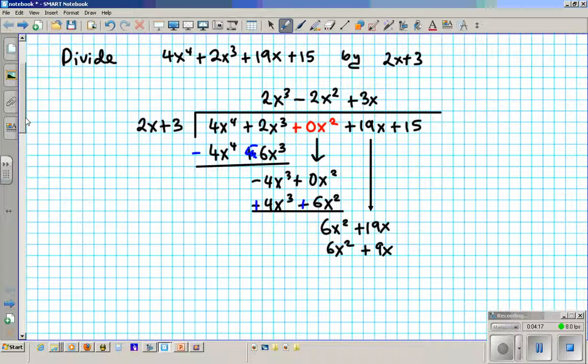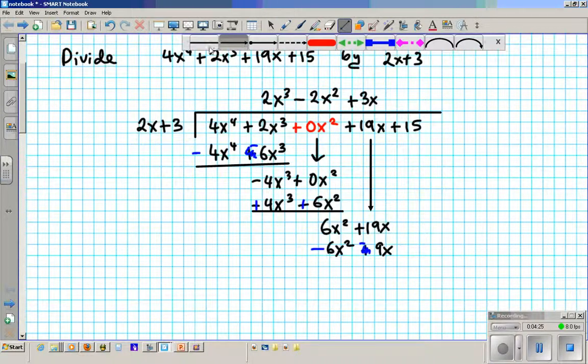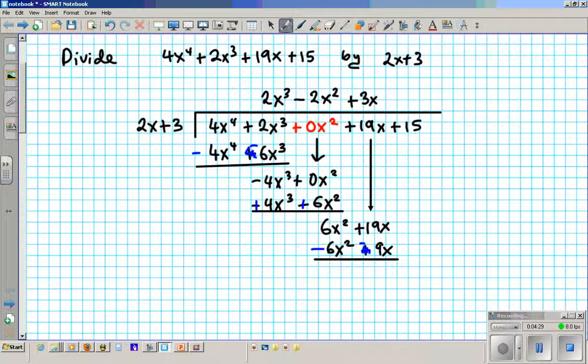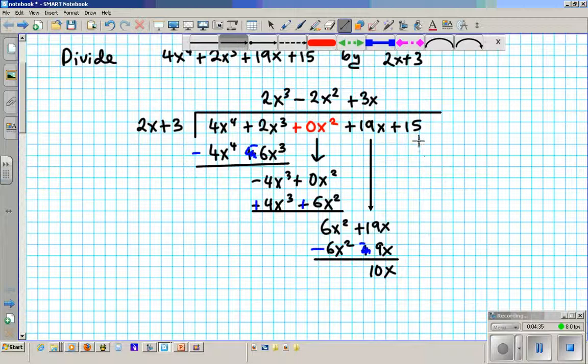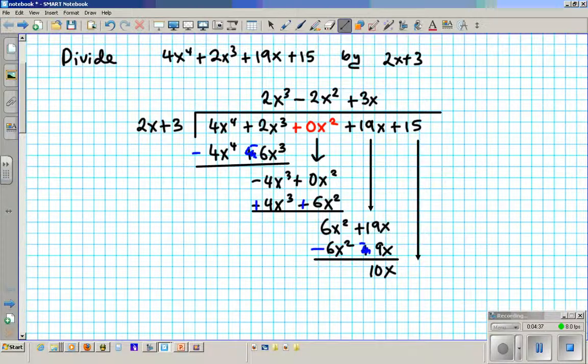Now you switch the signs, and then you add downwards. So this becomes a minus, this becomes a minus. When you add downwards, you get 10x, and then you bring down the 15. Bring it down, and it becomes plus 15.